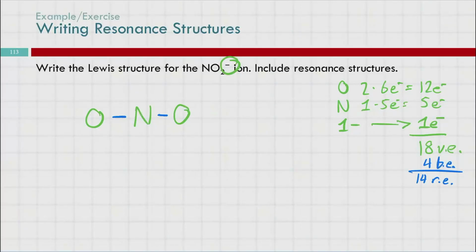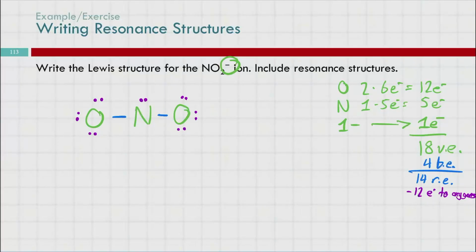Is anyone feeling deja vu? So we're going to distribute those 14 remaining electrons. We can put 6 on each of our oxygens. So that's minus 12 electrons to oxygens. But we've got 2 left.